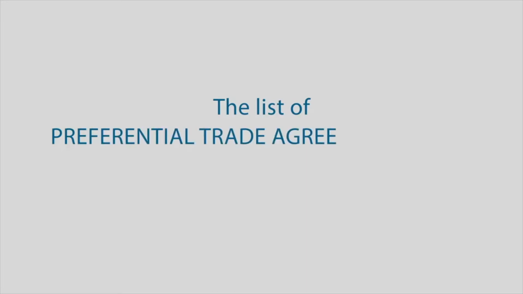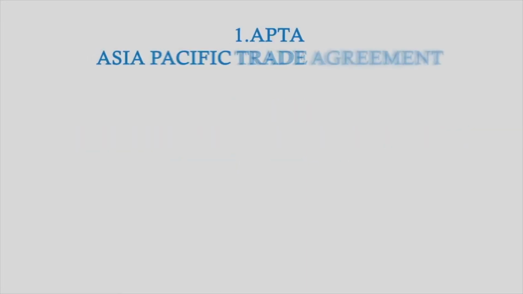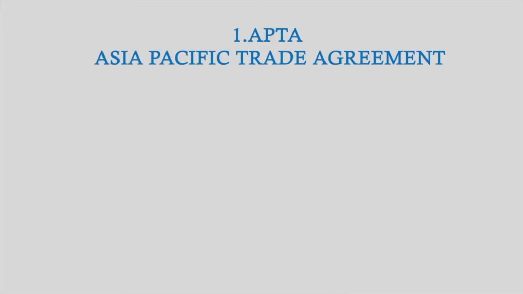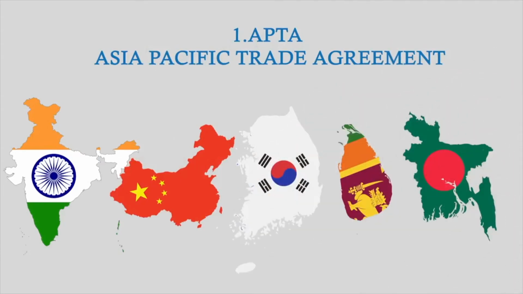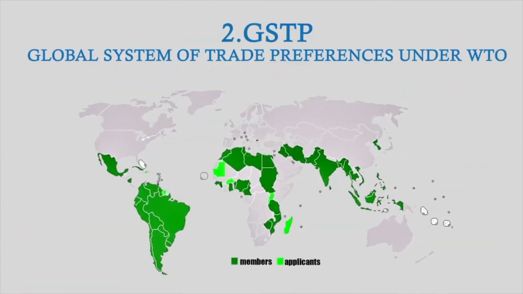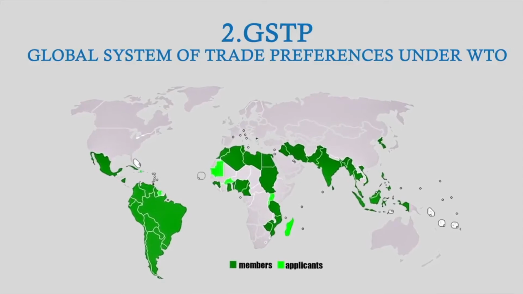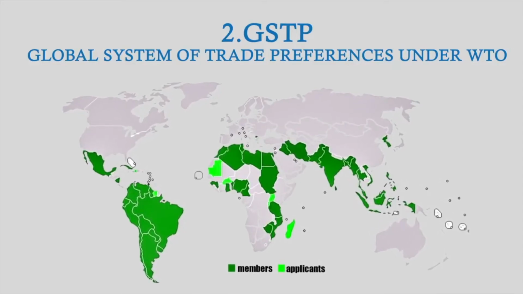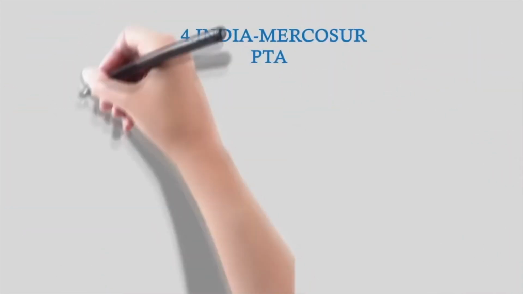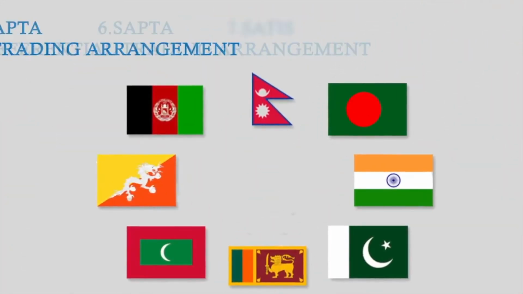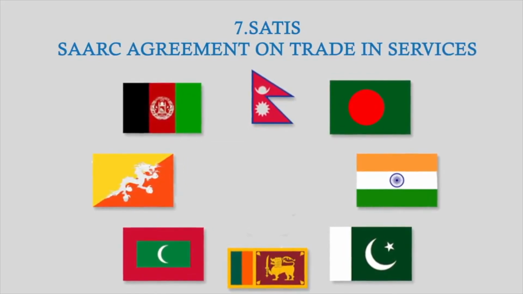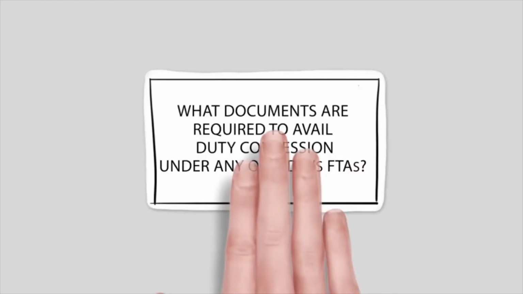The list of preferential trade agreements, that is PTAs, signed by India are: APTA, that is Asia Pacific Trade Agreement, whose members exchanging concessions are India, China, South Korea, Sri Lanka and Bangladesh; GSTP, Global System of Trade Preferences under WTO, which is open to all the member countries under the Group of 77 under WTO; India-Afghanistan PTA; India-MERCOSUR PTA; India-Chile PTA; SAFTA; and SATIS, the SAARC Agreement on Trade in Services.